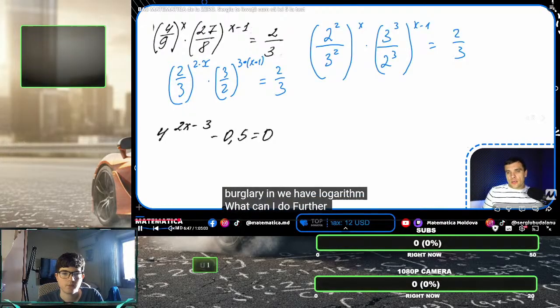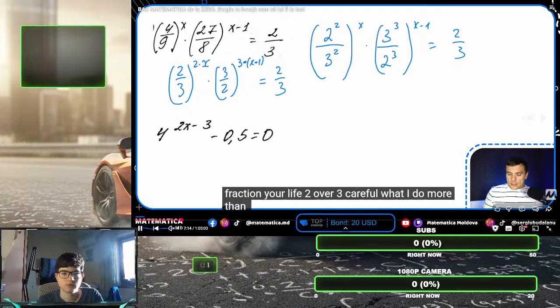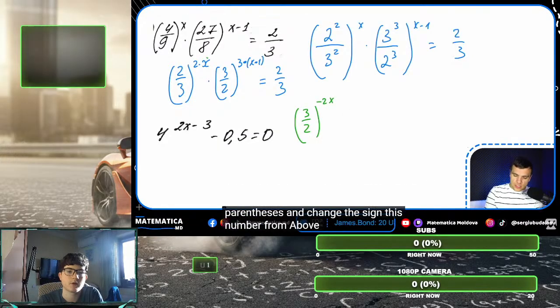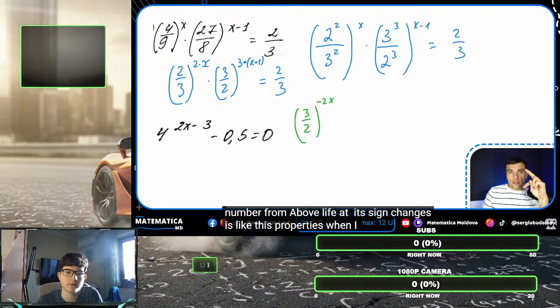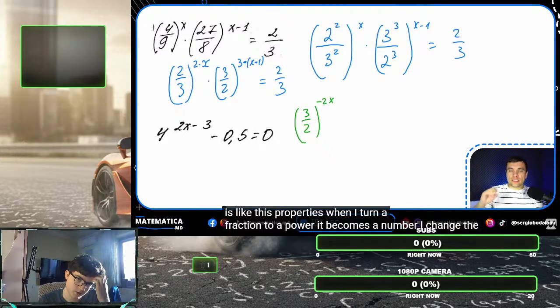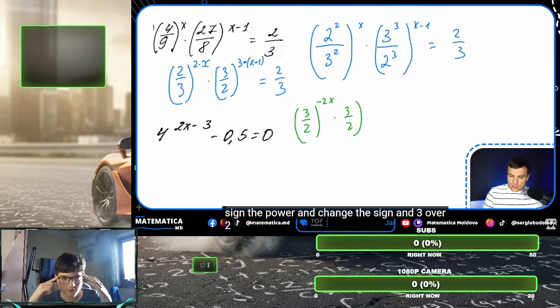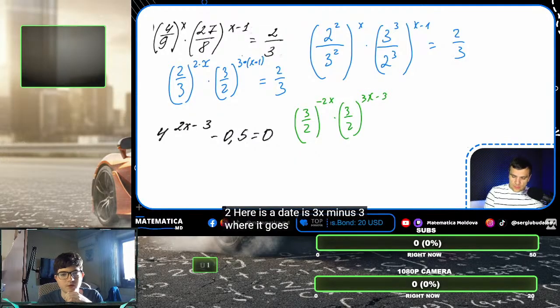And now he just, let's see what he's gonna do. 3 divided by 2. Oh, so he wanted to switch the first one, and you just switch the minus on the power, so that's also acceptable. And now 3x minus 3.